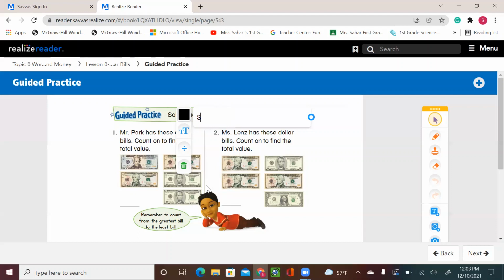So we have 20 plus 10, plus another 10, and then $5 and another 5.